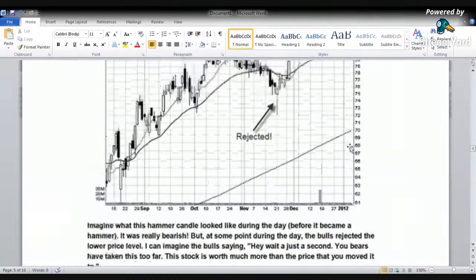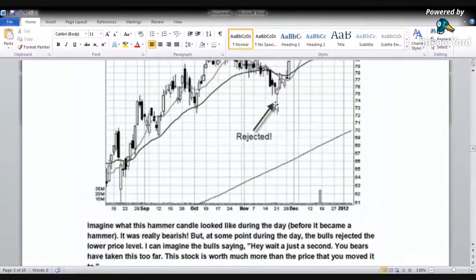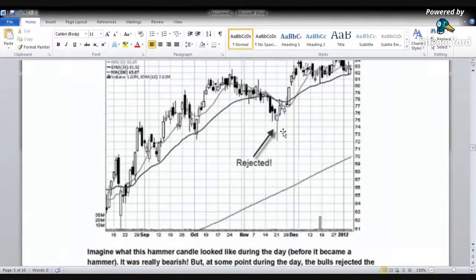Kasi on this candle, the price opened at this level and then the sellers pushed it down. Pinupush yung presyo pababa, but the buyers are in control because they didn't want to make it lower, and then it went back to the upper level.